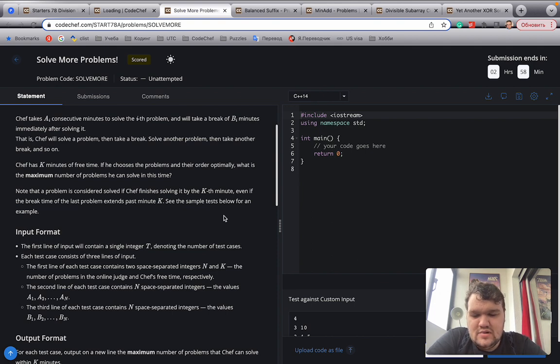into the limit of k. So for all problems except one, we will spend time equal to a plus b, and for the last problem we will spend time equal to a.